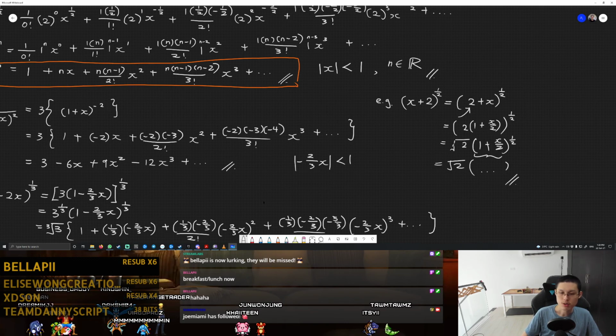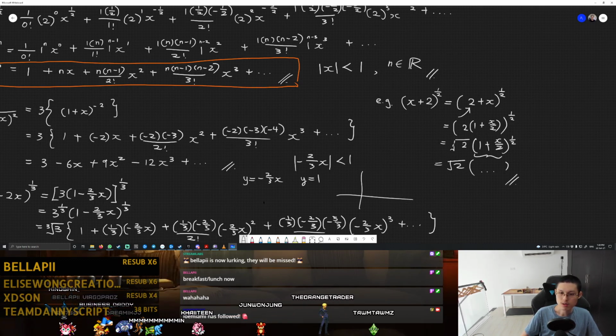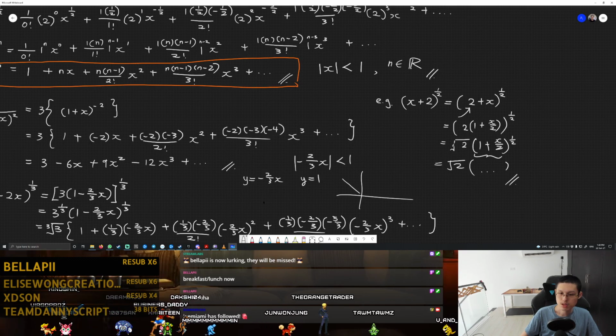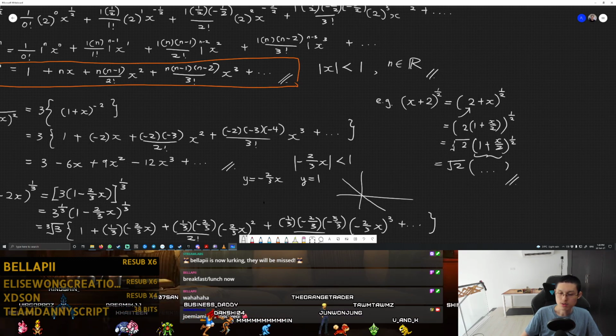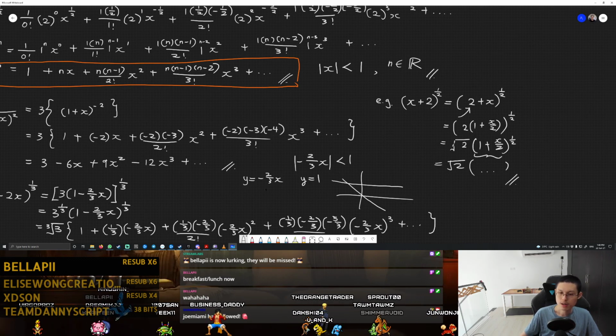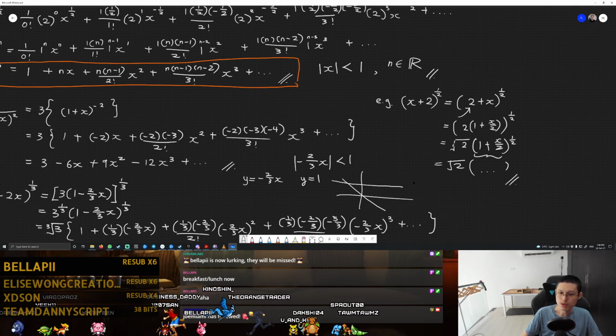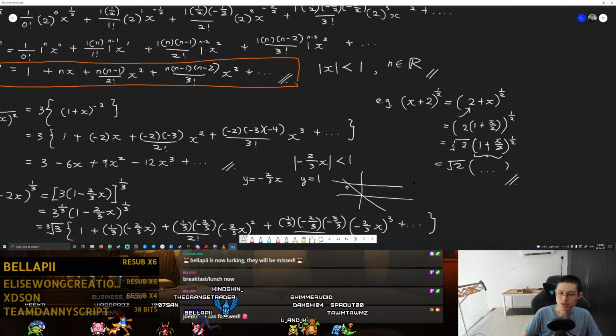So for this one, you actually have y equals negative 2 over 3x and y equals 1. Negative 2 over 3x kind of looks like this, and y equals 1 kind of looks like this. You're trying to find where this graph is less than this graph, which means you want all the points greater than this critical point.